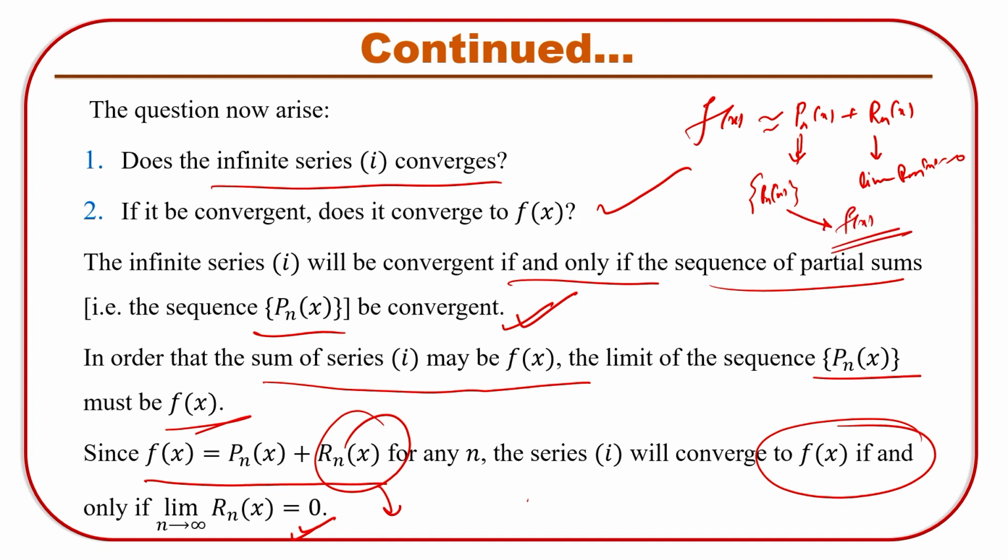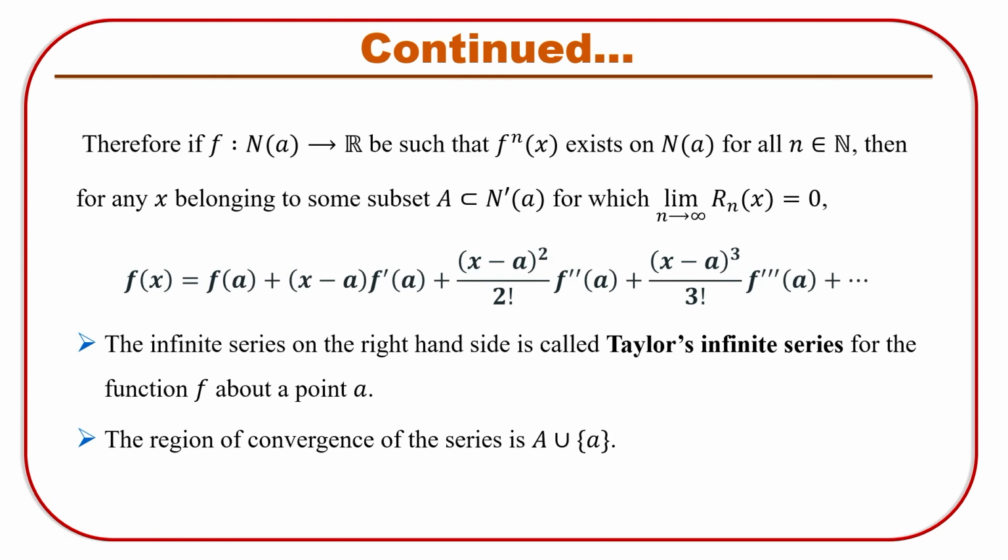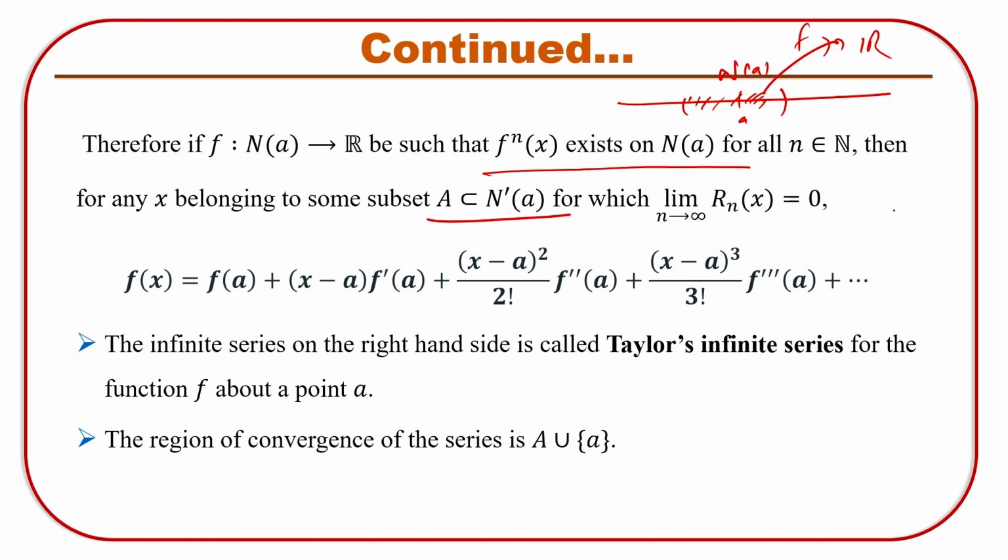So, that is the idea. Therefore, if I define f from a neighborhood N(a) of a to R as a real function such that the nth derivative exists on N(a) for all n, then for any x belonging to some subset A, and what was the subset?